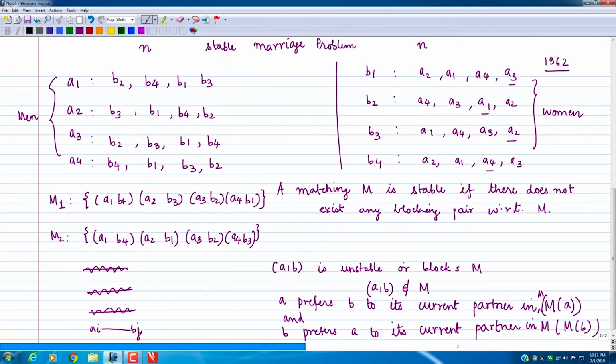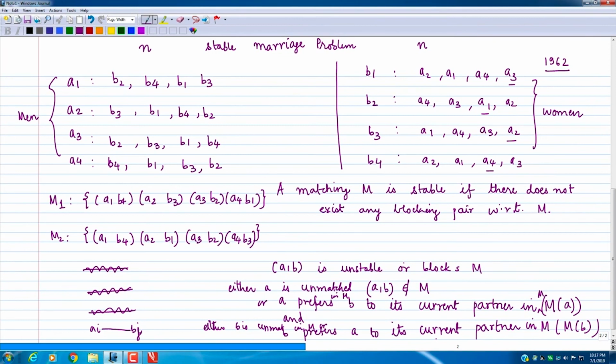So one should say either A is unmatched in M, because the statement A prefers B to its current partner is valid only if A is matched in M, right? Therefore, if A is unmatched, it certainly prefers anybody over being unmatched. Symmetrically, it applies to B, that is either B is unmatched in M or B prefers A to its current partner. If this happens, we will call that a blocking pair.